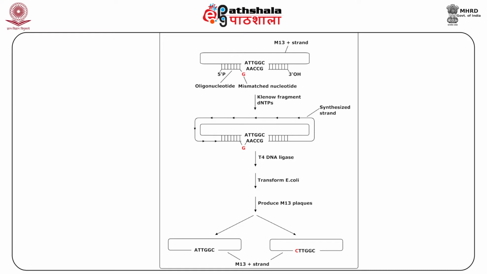Now these plaques are going to have the unmutated and the mutated sequences. Half are going to have the mutated ones, half are going to have the unmutated ones. So this is how site-directed mutagenesis is performed using oligonucleotides with the mismatch.